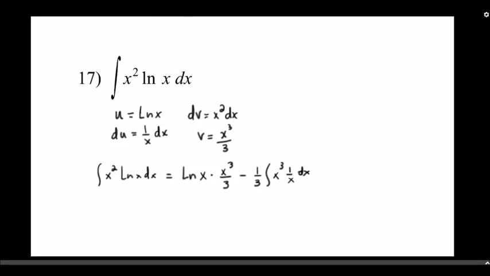And then x cubed times 1 over x is just x squared, so this is natural log of x times x cubed over 3 minus 1/3 times the antiderivative of x squared.